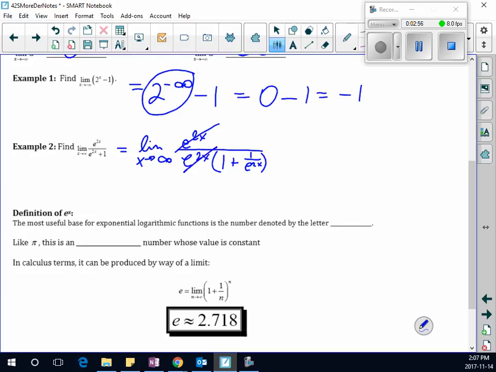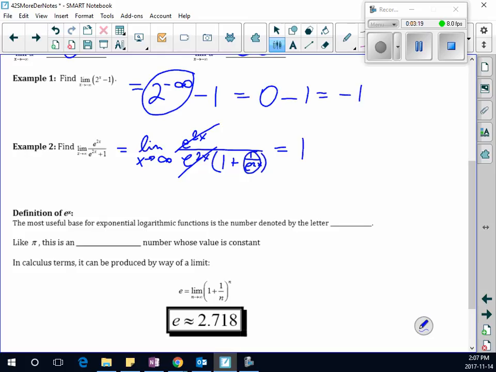These would cancel, right? And so if I plug in infinity now, you get 0 there. And so this would go to 0, yes? And so what do you get then? You get 1. Why is it 0?